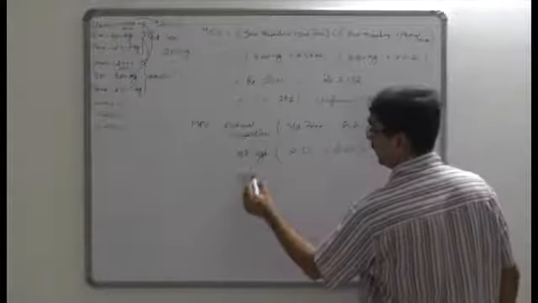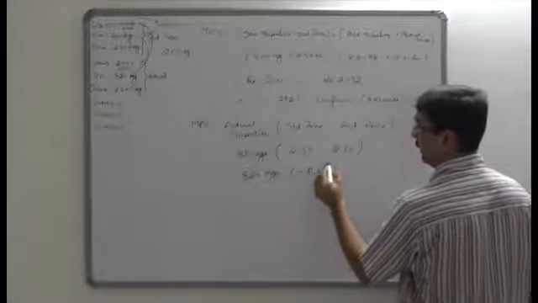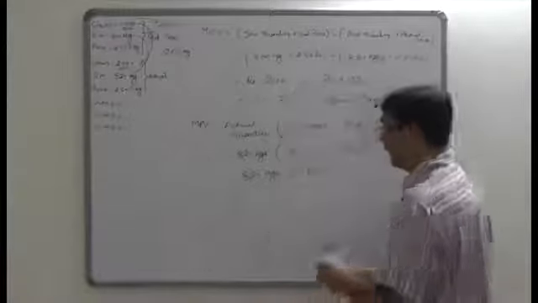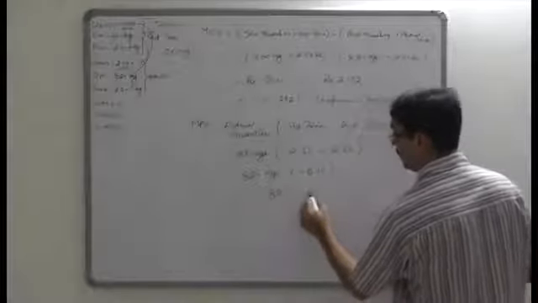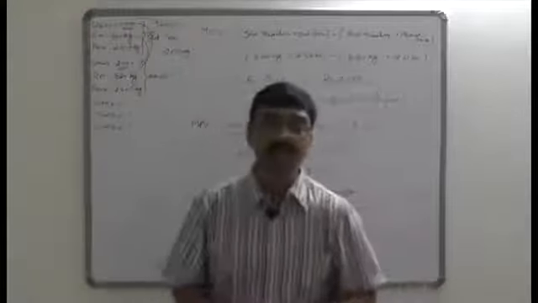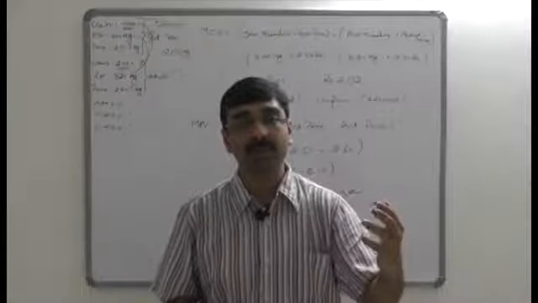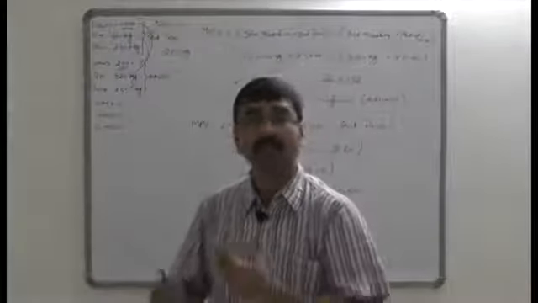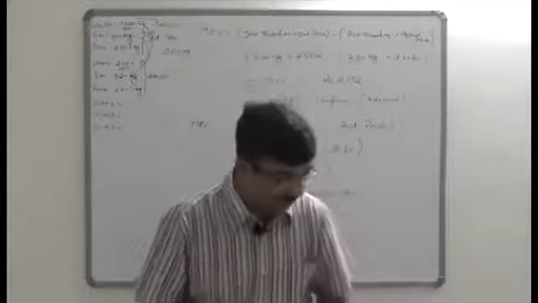So 820 kilograms multiplied by minus 0.10 comes to minus 82. This is also adverse. It shows that the estimated price is lower than the actual price, and because of the price variance, you are spending more than the standard.